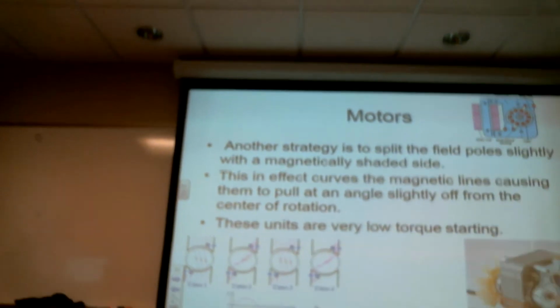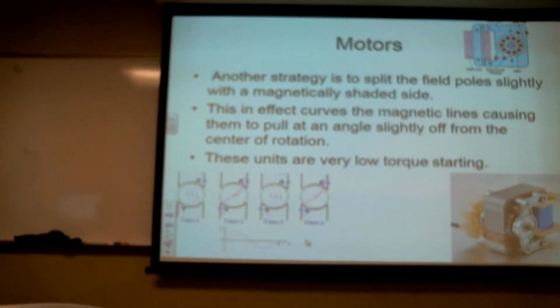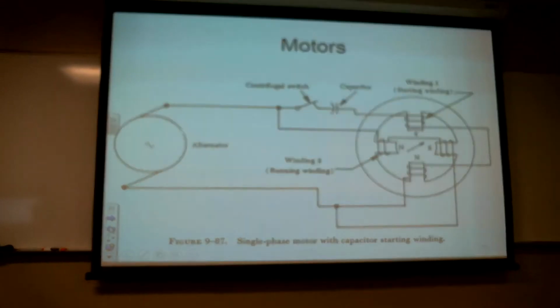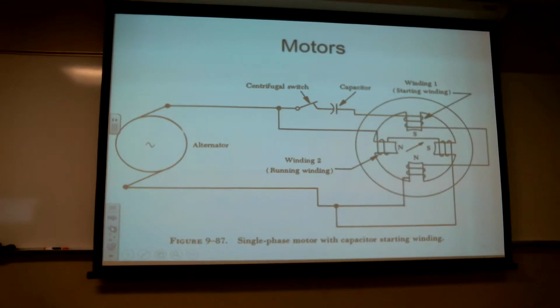I don't mean to ask, but how do you charge the capacitor if it's an AC motor? I'm not charging it. On this one, it's just straight in line. AC passes right through it, and that causes that winding to be out of phase with the original magnetic field.